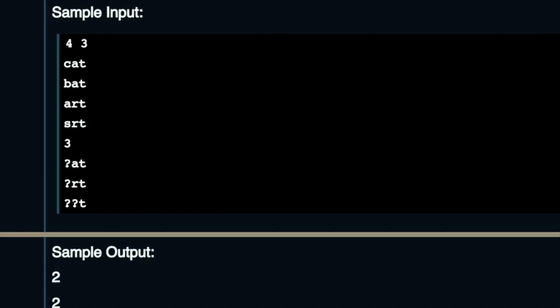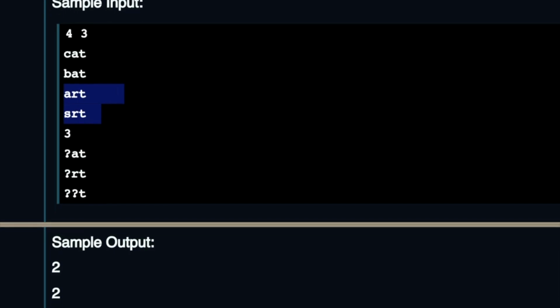Second query, question mark RT. Now we need words ending with RT. The starting letter can be anything. So here we have 2 words corresponding to this condition: ART and SRT. So that is output 2 for this query.